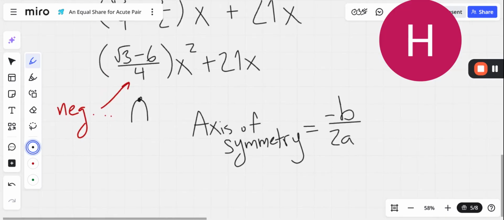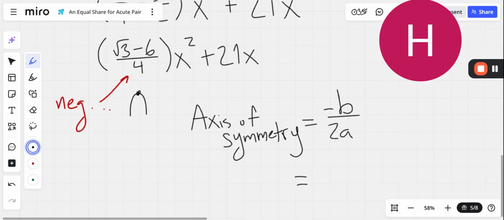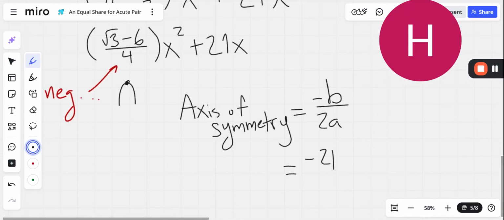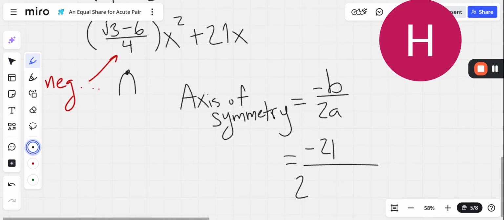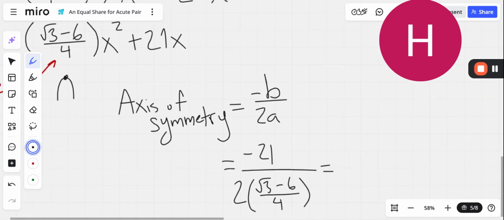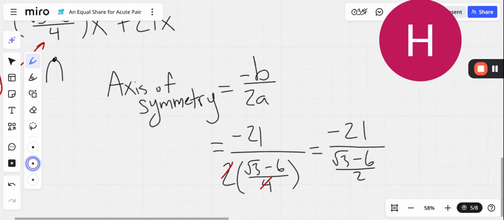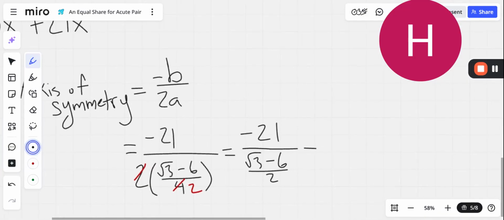So that means that negative b is negative 21 over 2 times the a value, which is square root of 3 minus 6 all over 4. We're going to have to fix that just a little bit. Negative 21 over rad 3 minus 6 over 2, since those cancel. And we have a fraction on a fraction now, so we're going to want to flip the bottom to 2 over square root of 3 minus 6.